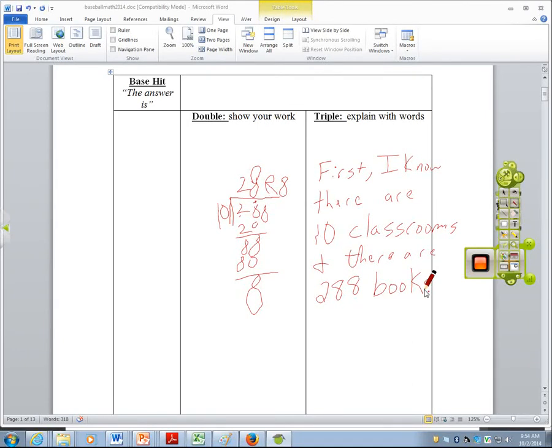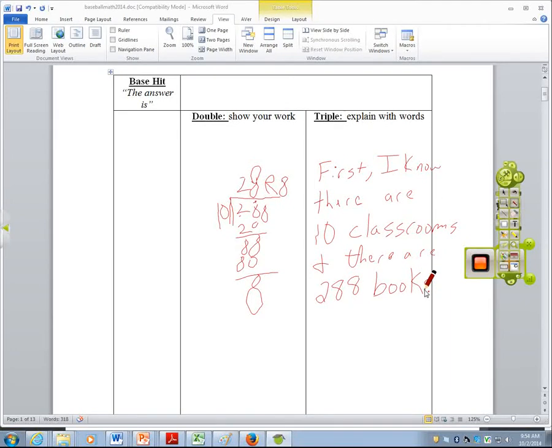And then that equaled 8. So then I brought down the 8. And then how many times does 10 go into 88? That's 8. That equals 80. So I put an 80 right here, and that equals 8. So it equals 28 with a remainder of 8.